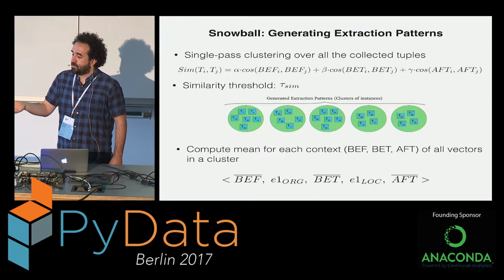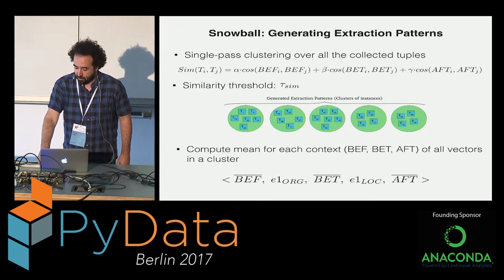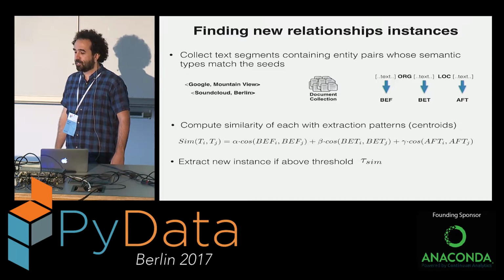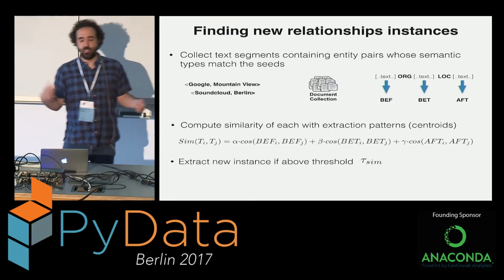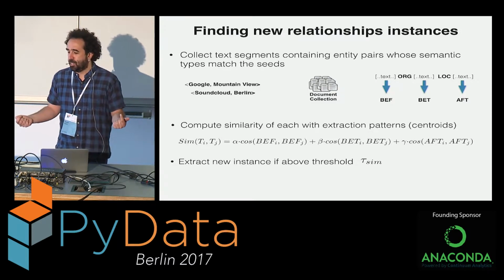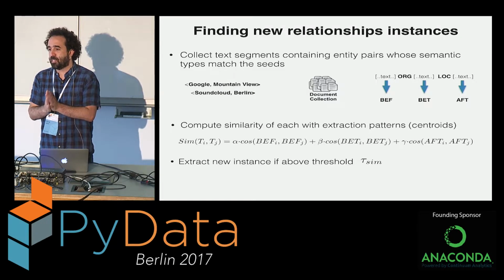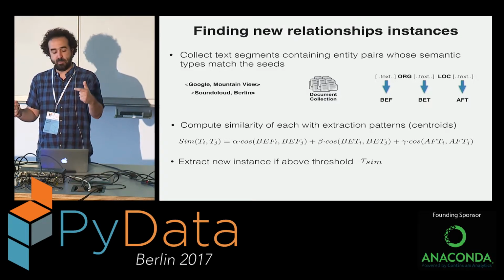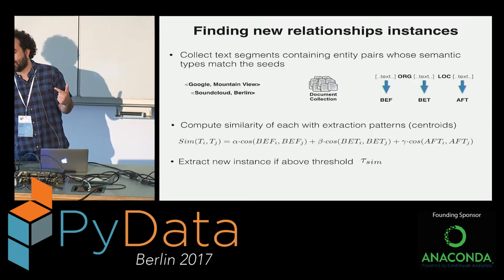So the next step is we want to match these extraction patterns with new stuff that we don't know. How do we do that? We know that we are extracting organization and location relationships. So what we are going to do is extract every textual context where we have a named entity marked as an organization and close by another named entity marked as a location.